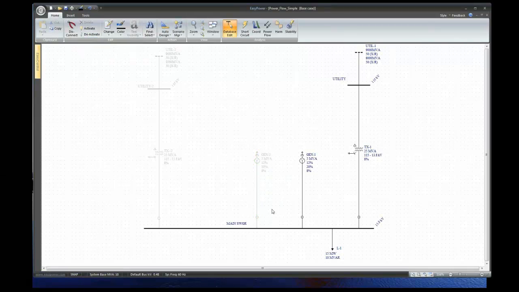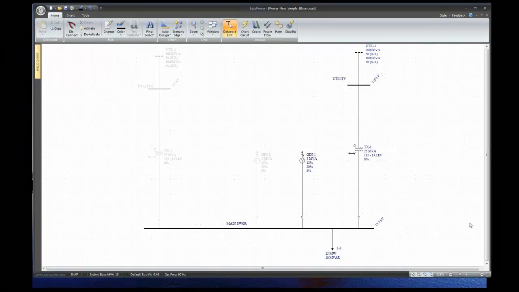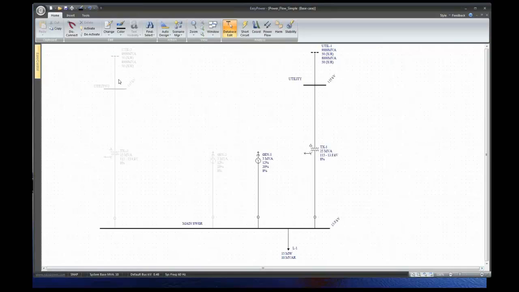Remember, you can use this deactivate tool in EasyPower to basically turn these off, but not take them out of the database. So these will be ignored in any analysis that we do, and they're shown grayed out here. That's the deactivate and activate.